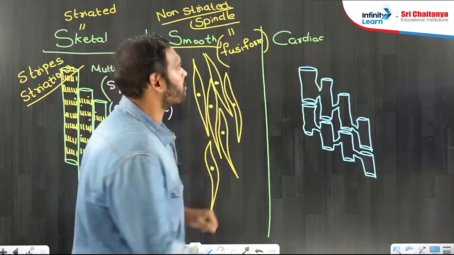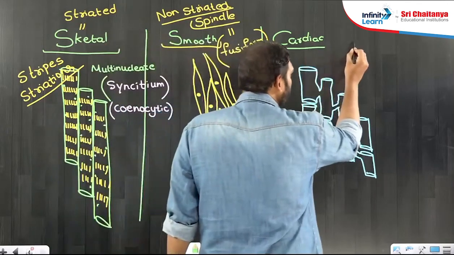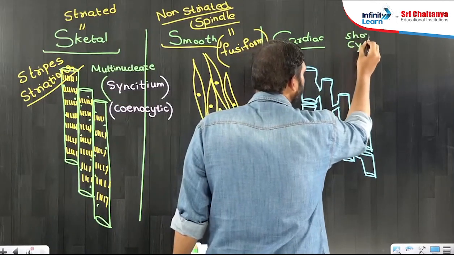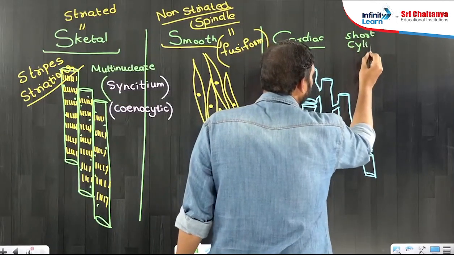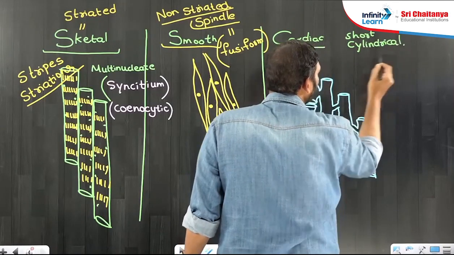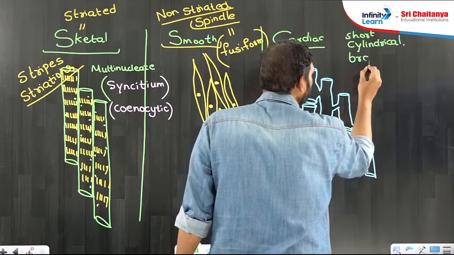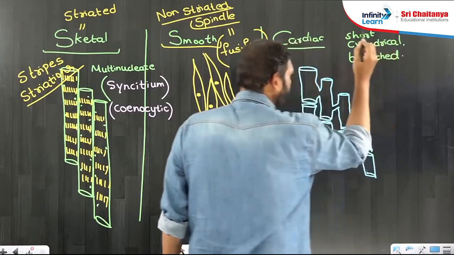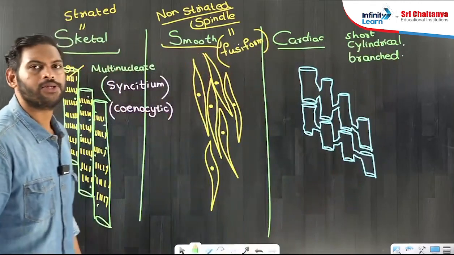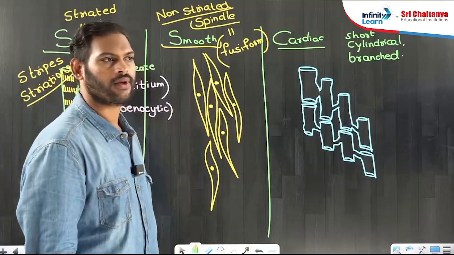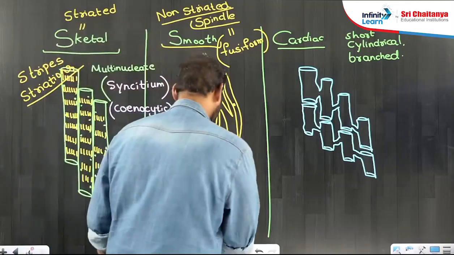Guys, cardiac muscles look like very short cylinders, and almost all of them exhibit branches, therefore branched. Short, cylindrical, and branched. Done.